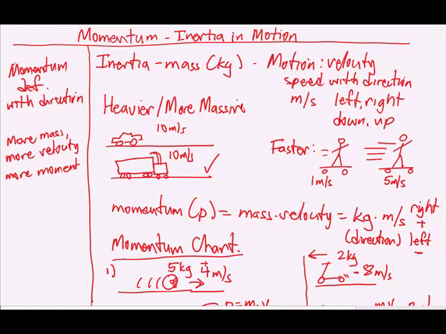Wish momentum was a shorter word. We have our equation for momentum. We're using the symbol P for momentum. It's mass times velocity. Remember that that's a vector.